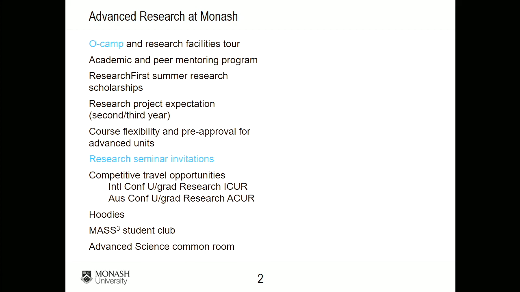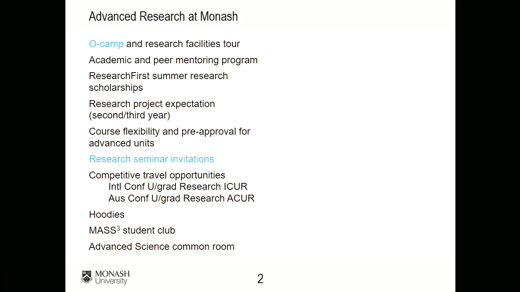You'll also have opportunities to apply for competitive travel grants and to attend the International Conference for Undergraduate Research and also the Australian Conference for Undergraduate Research as well. And again, there's some really exciting research that's being done by undergraduates, and we've actually had a number of instances where these research projects have converted to publications. So this is really neat.